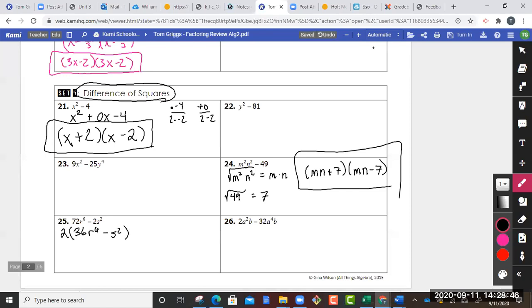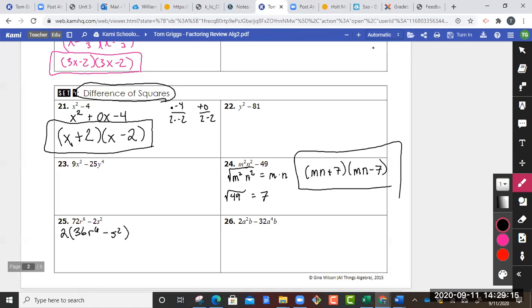Now think back to your rules of exponents when you do this. So what is x squared times x squared? X to the 4th. So that means the square root of x to the 4th is x squared. What's x to the 3rd times x to the 3rd? 6, right? Because when we multiply, we add exponents.